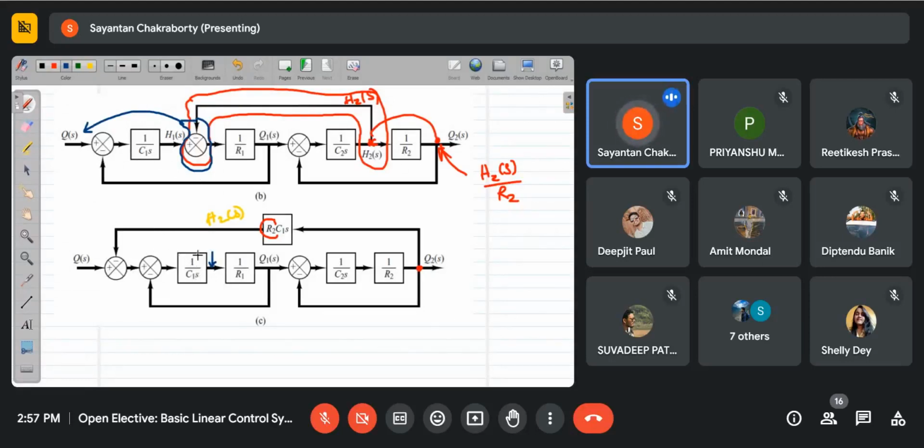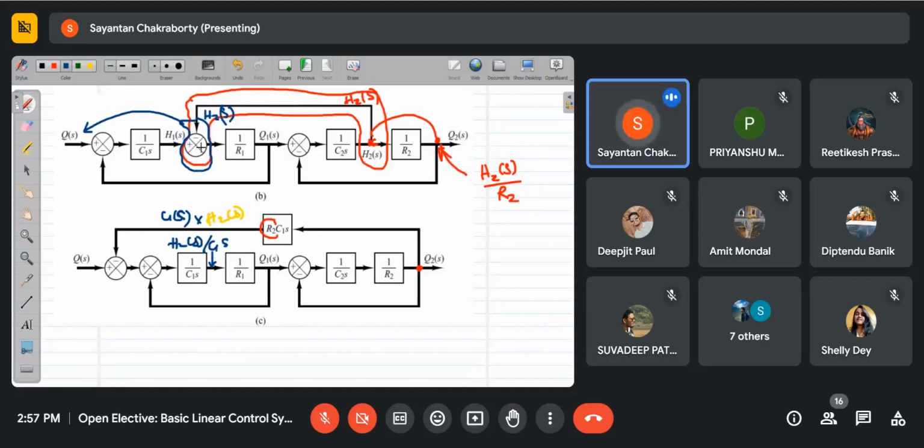So this signal will effectively be H2s by C1s. But this should be H2s only. So I have to cancel out this C1s by multiplying this signal with C1s. So here it will come as H2 C1s divided by C1s, so it will be the same as this.